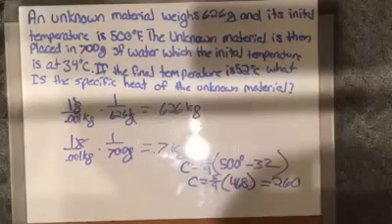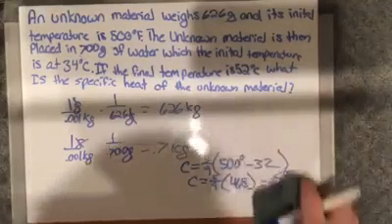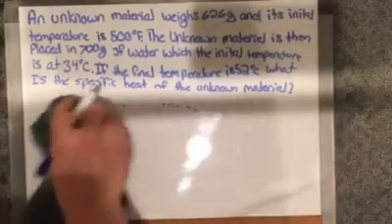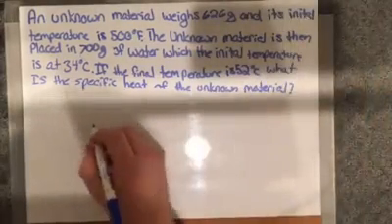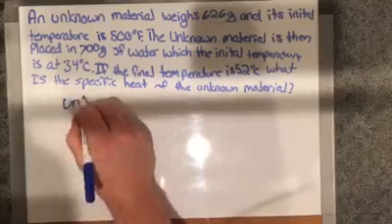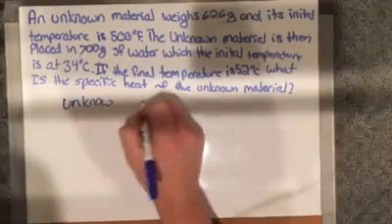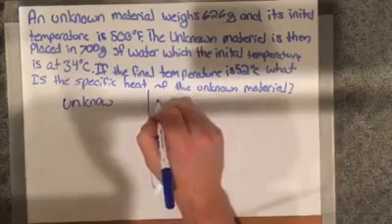Now, what we can do is make our little T chart, which will help us determine what we know and what we don't know. For our T chart, we're going to do unknown and our water.